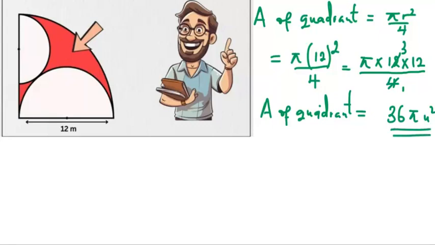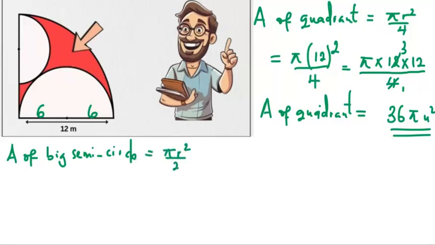Now we need the area of the two semicircles. The semicircle right over here, the bigger one, has its radius as half of the radius of the quadrant. So this is 6 units and this is 6 units. So now we can go ahead and find its area. The area of the big semicircle is equal to pi r squared by 2.